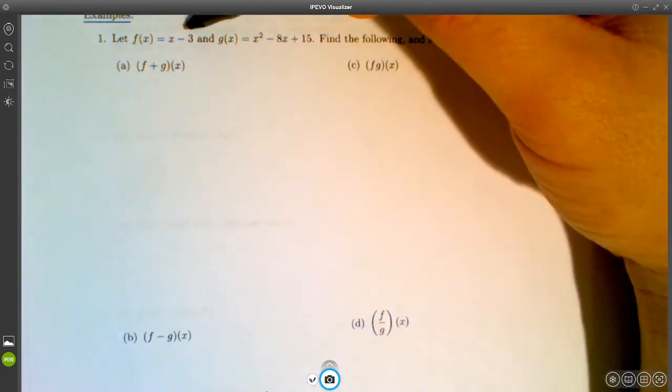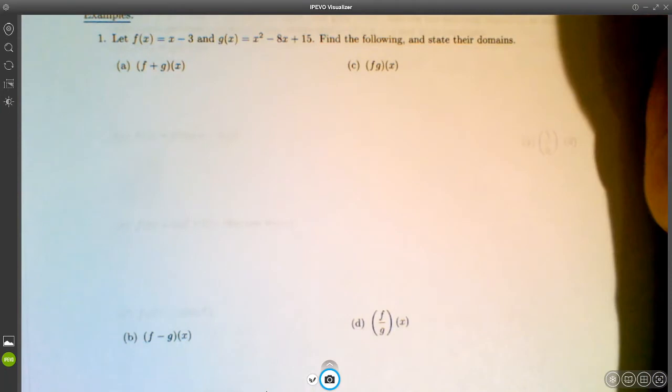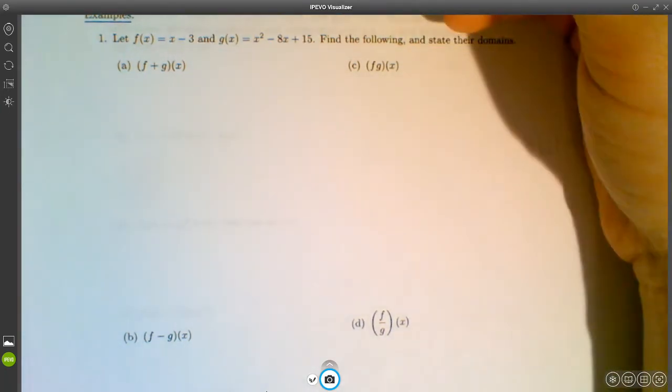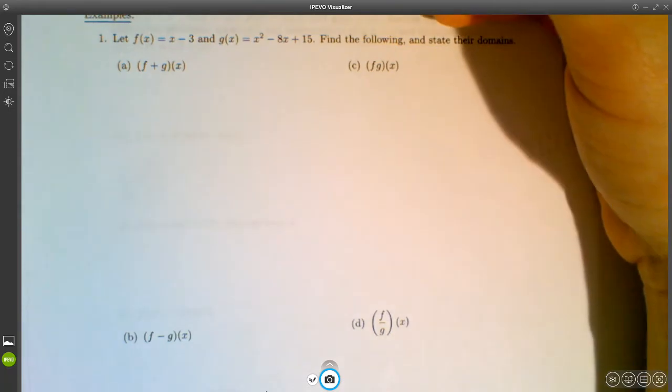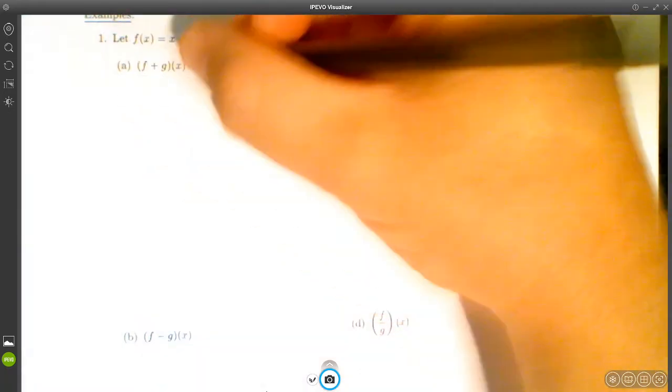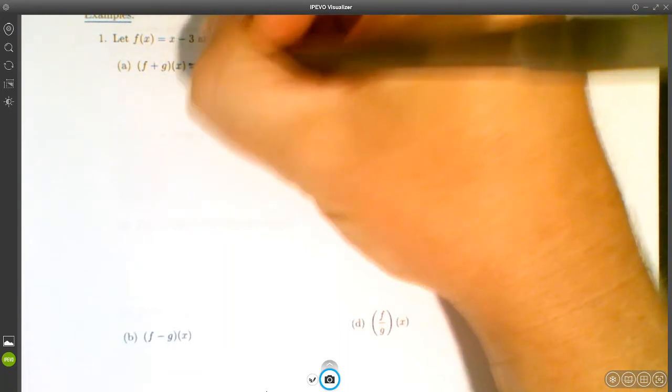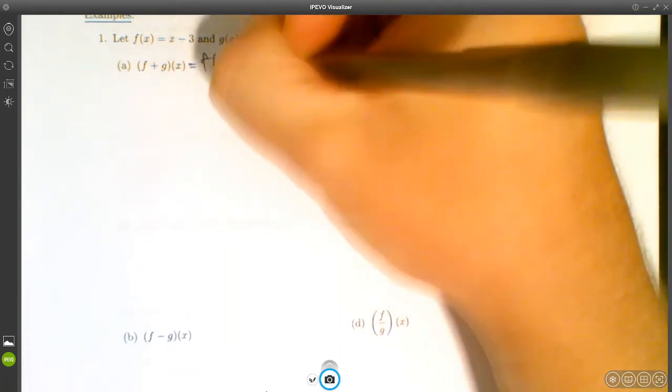So f of x is x minus 3, g of x is x squared minus 8x plus 15. Let's find f plus g and state its domain. f plus g of x is going to be f of x plus g of x by definition.